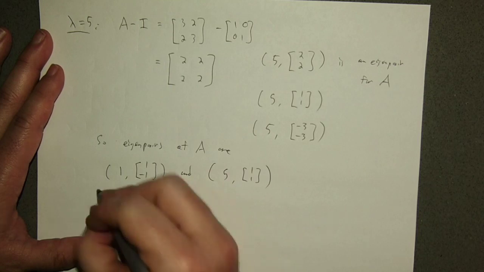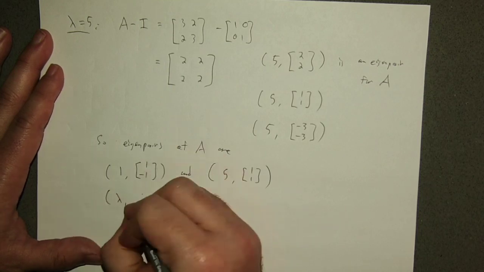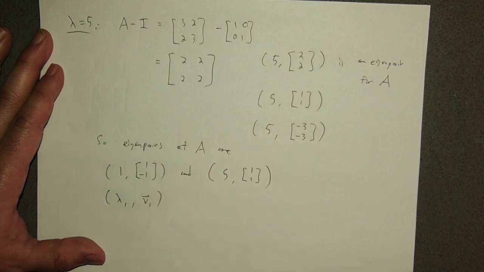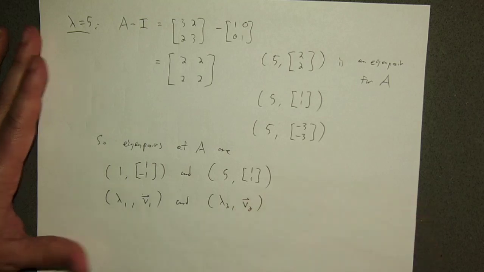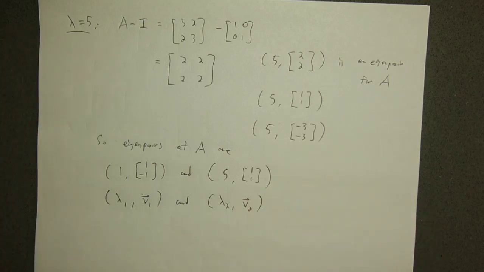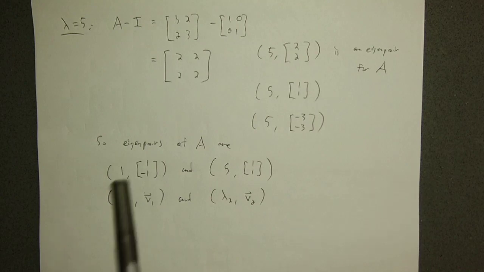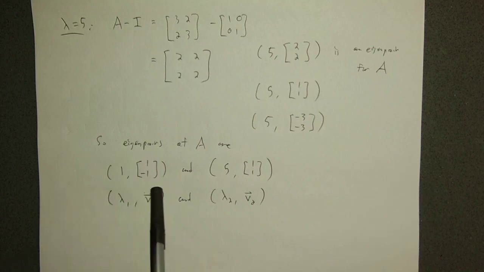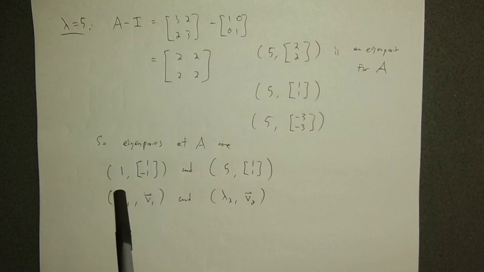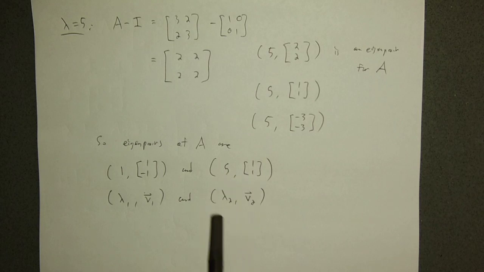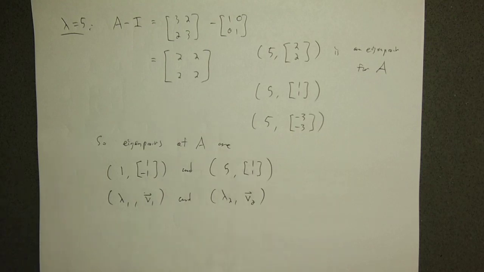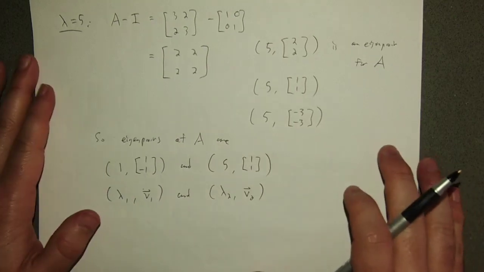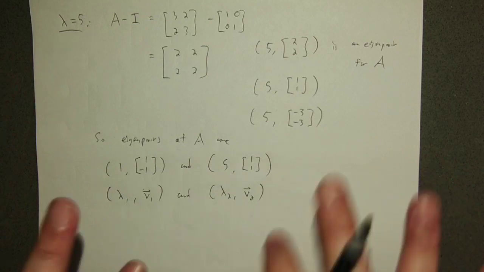By convention, if this is lambda 1, I'll call this V1, and if this is called lambda 2, I'll call this V2. The proper way of reading this off is that (1, minus 1) is an eigenvector associated to the eigenvalue 1, and (1, 1) is an eigenvector associated to the eigenvalue 5. A has eigenvalues 1 and 5. These are the eigenpairs.